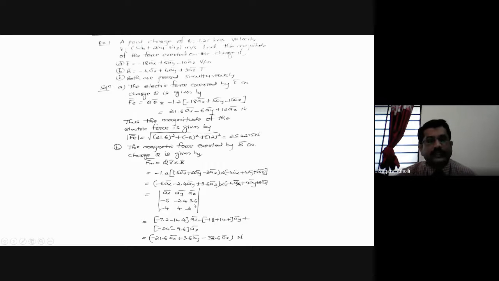Solve the determinant and tell me the equation. So if you solve it, you will get.